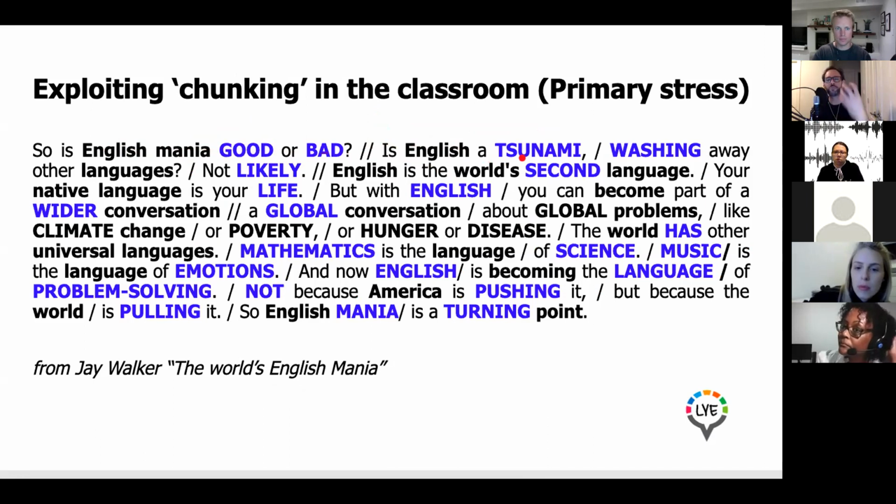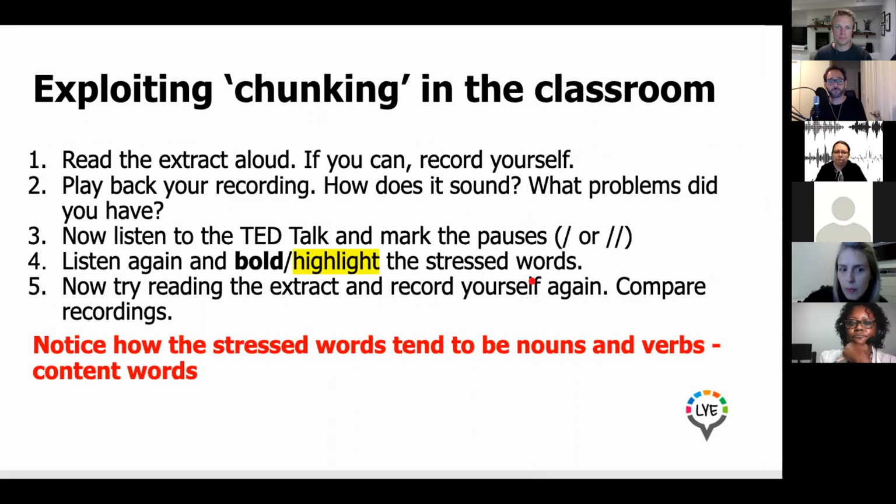He actually overpronounces that word for effect. Why does he stress the word tsunami here? Why is the word tsunami overly pronounced here? Because he's trying to create some sort of effect with the word washing away other languages. And that's it.